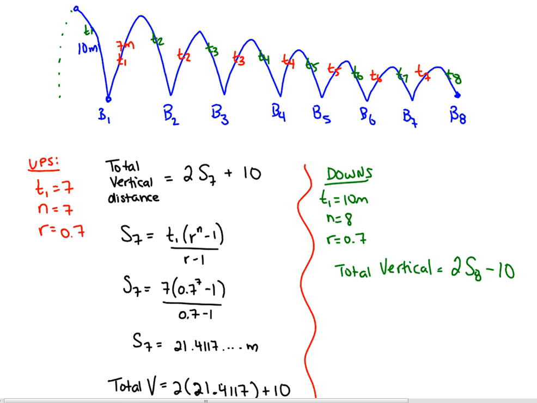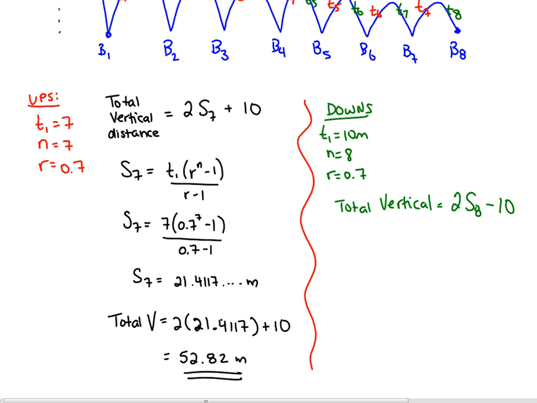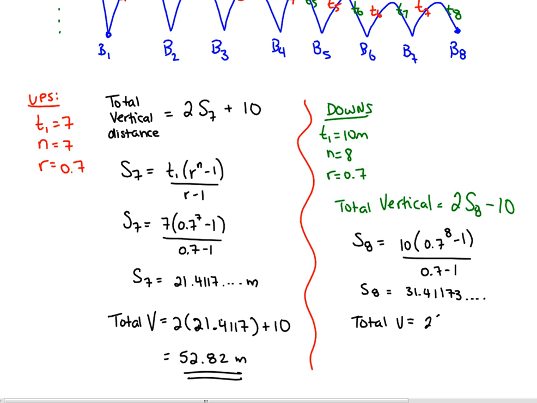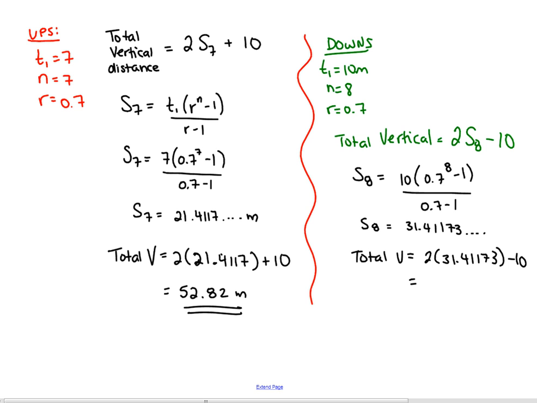It would give you the same answer in the end. So you'd find S8, which would have been term 1 times your common ratio to the power of 8 minus 1 over 0.7 minus 1. So that would work out to be 31.41173 dot dot dot. And so your total vertical, if you double that and subtract 10, guess what it equals? The same thing.